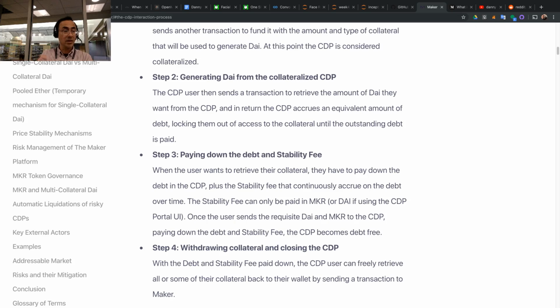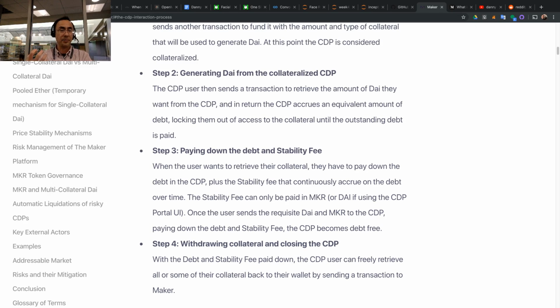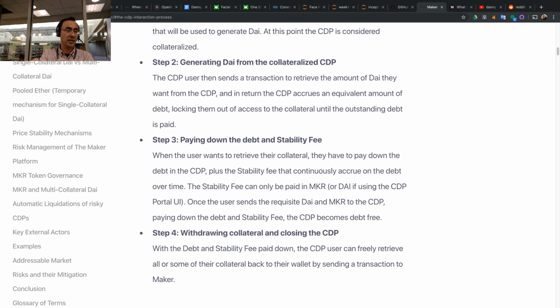Okay, that makes sense. So you got your DAI after you locked in your ETH, and in return, the smart contract accrues the equivalent amount of debt, let's say 100 US dollars of ETH. Locked means you cannot get it out until you pay back the outstanding debt with DAI.